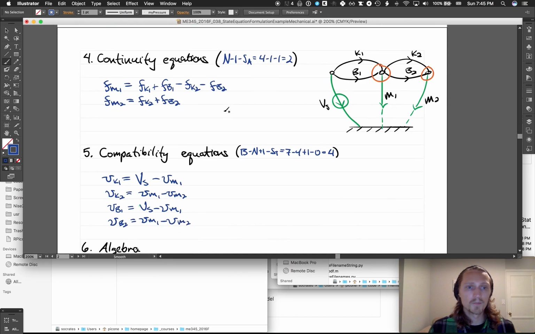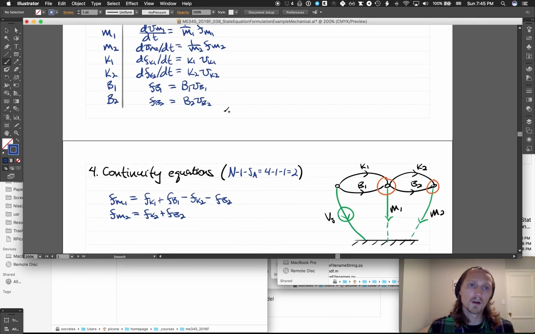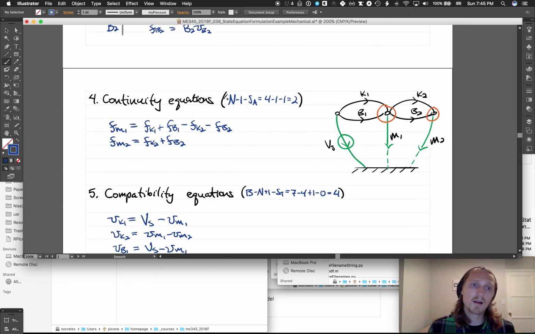That's our first step. So our elemental equations say Vm1 dVm1 dt is equal to 1 over m1 fm1. So we have a continuity equation by construction. Always we're going to have a compatibility or continuity equation for that, and here's what it's equal to.